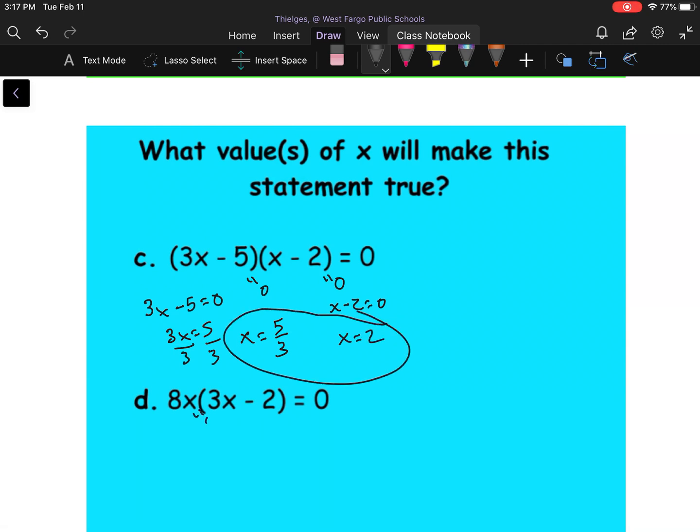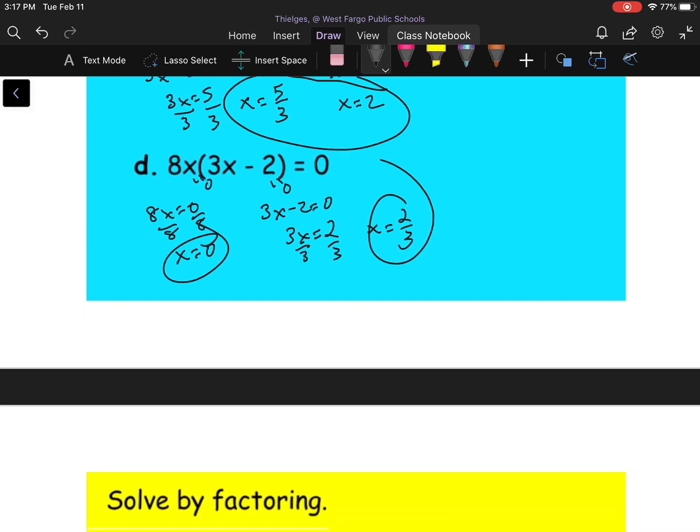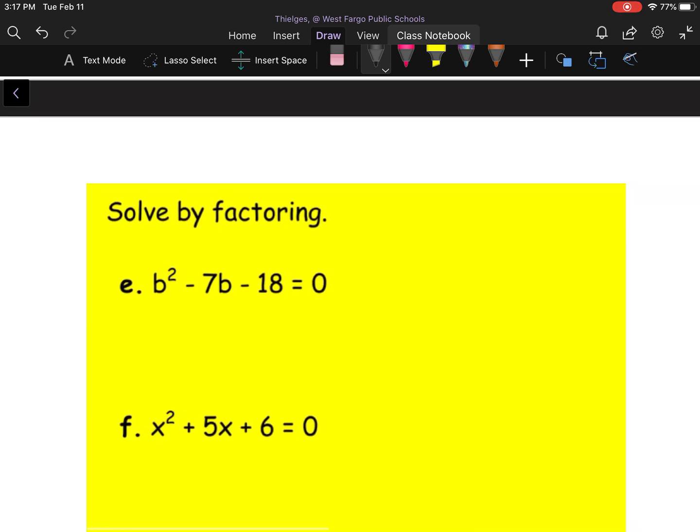Okay, so equal to 0, equal to 0. Divide by 8. So add 2, divide by 3, x is equal to 2/3. So one answer, two answer. Okay, if you haven't noticed, I've gotten two answers for a lot of these.